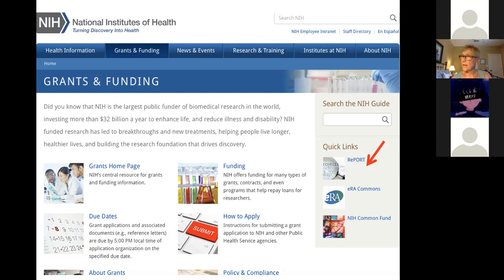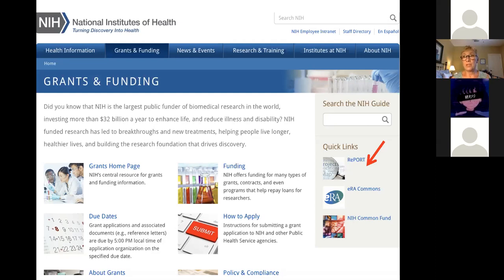Okay, great. And then a last question for now. Are nonprofit organizations able to apply for NIH funding? Yes. So you could apply for a regular R, small R, R03, R21 grant.